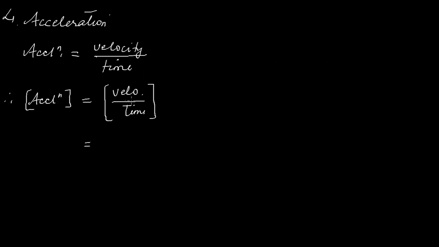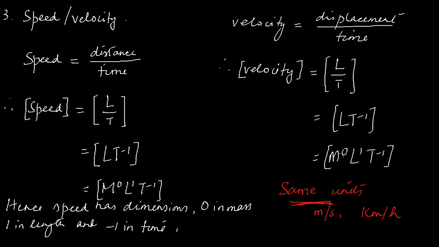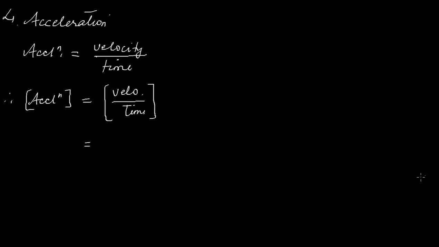And so that means the dimensional formula of velocity. What is the dimensional formula of velocity? Just now we found out. It is L T minus 1. So you have L T minus 1 divided by time. Put this inside of the square bracket.